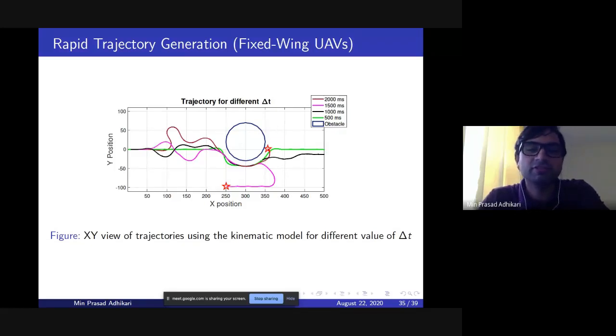So I went for mostly hardware simulation, meaning I tested it on real hardware, real computers, and focused on the computational aspect, but not on a real fixed-wing UAV. All the results are simulations, but performed on processors like ARM processors, not onboard the UAV. Right, okay.